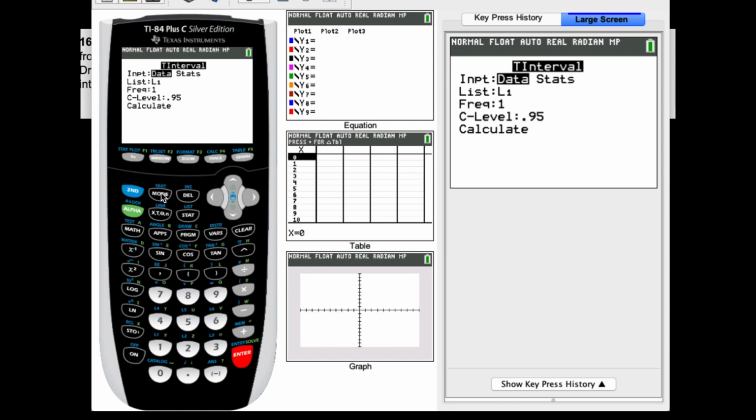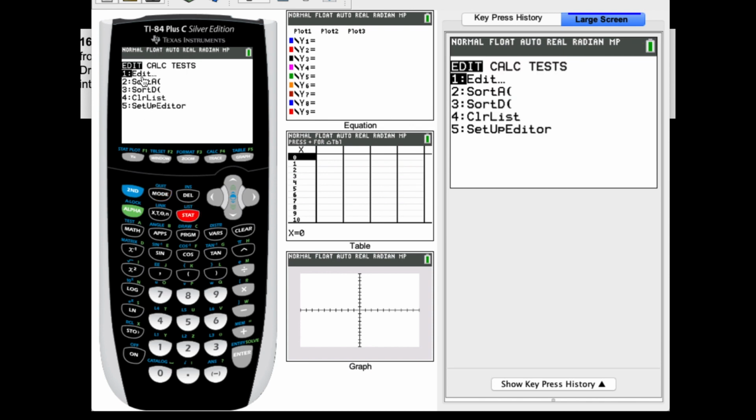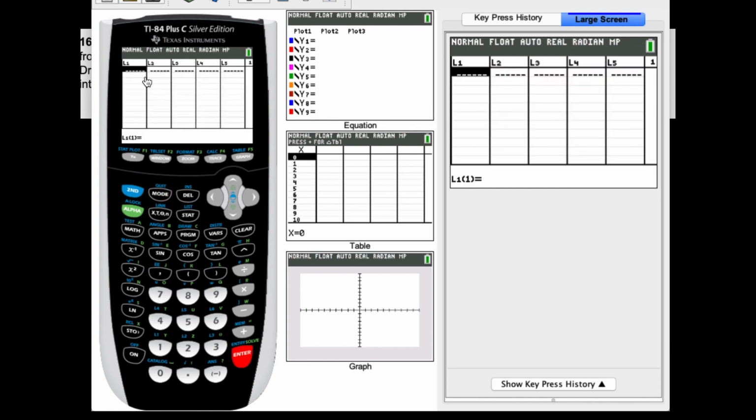So I'm going to quit this second mode to go back to my home screen. And if you remember how to input a list of numbers, we go into stat and then edit, and put it under whatever list you want. I'll put it under L1. Just remember where you're putting it.